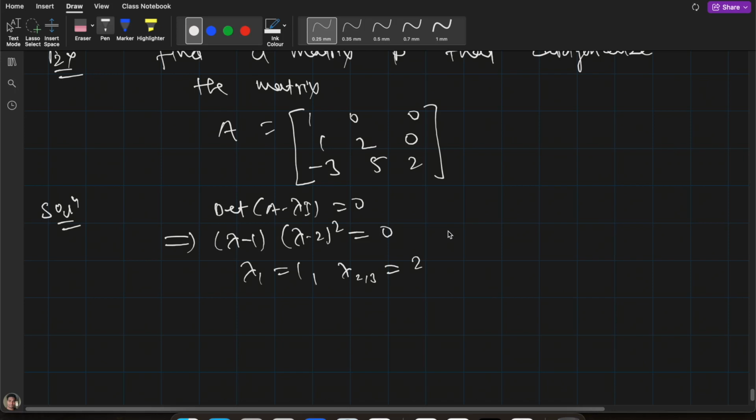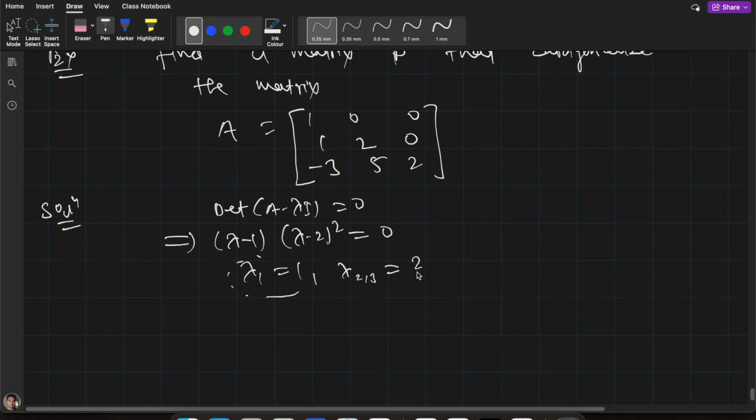Can you tell me, if eigenvalues are repeated, does that mean eigenvectors are linearly dependent? For corresponding lambda 1 equal to 1, you will get an eigenvector. For corresponding 2 and 3, you will get eigenvectors.